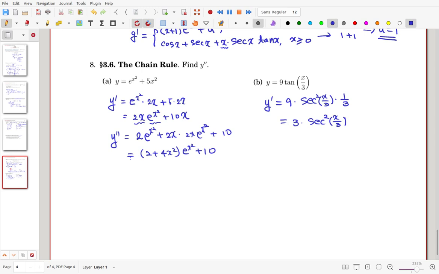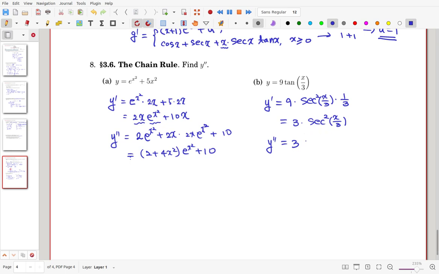Okay, we got the first derivative, and we'll do one more derivative, y double prime. That is now 3. And here we are considering sec x over 3 as a variable. Then that is the same as u squared.